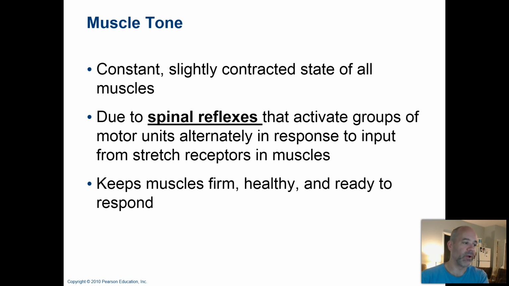One of the reasons for that is because you have increased muscle tone in your flexor digitorum muscles on the anterior side of your forearm versus the posterior side of your forearm where you have your extensor digitorum muscles, the ones that allow you to extend your fingers outward. These muscles tend to have less tone when they're relaxed, whereas your flexor digitorum muscles have more tone, and that's one of the reasons why your fingers tend to have some curl to them.